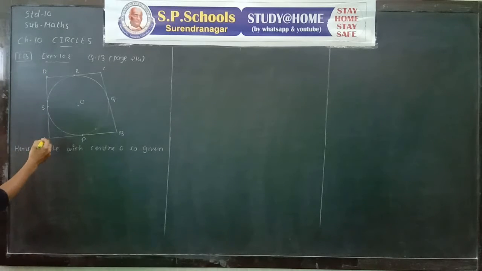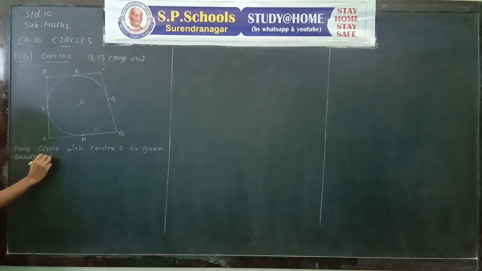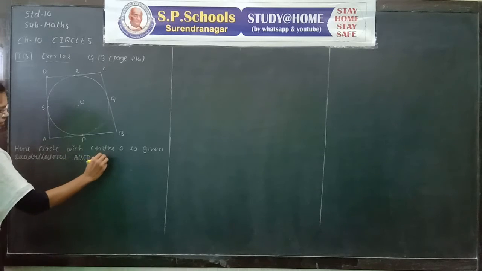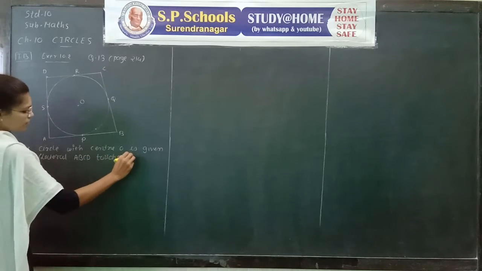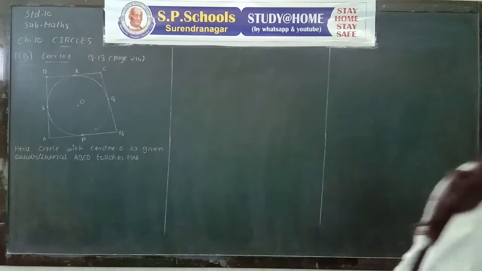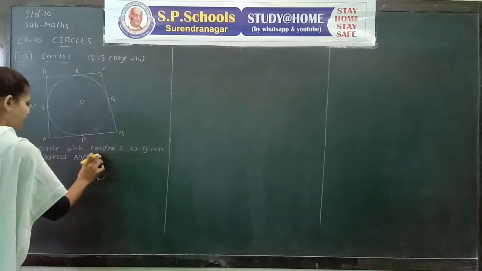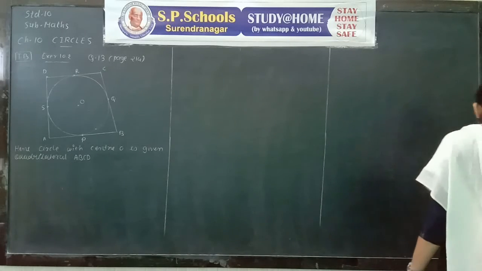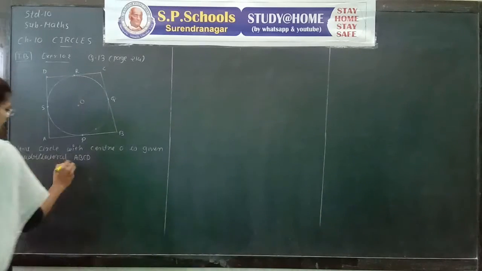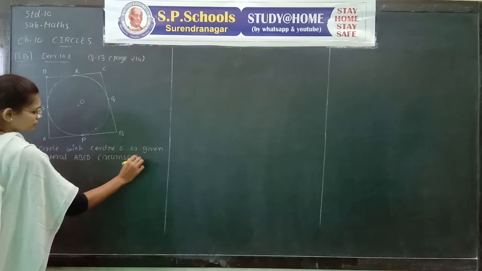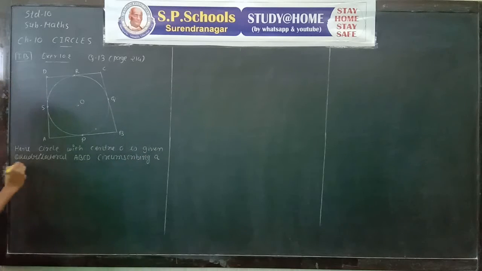Then what is next? Next thing is that quadrilateral ABCD touches the circle. Quadrilateral ABCD is circumscribing a circle.